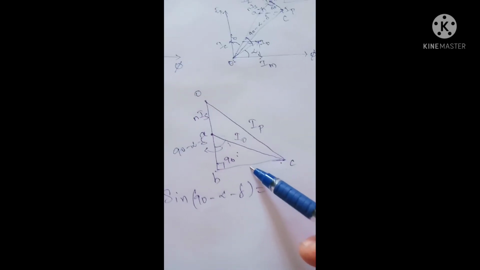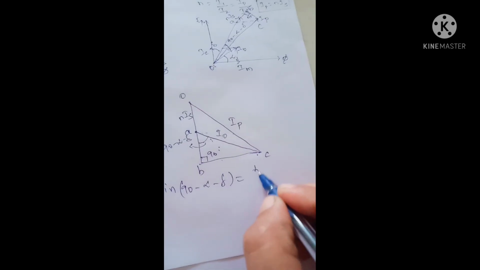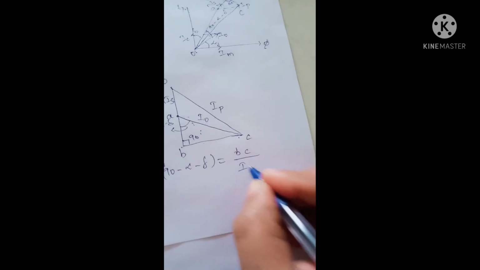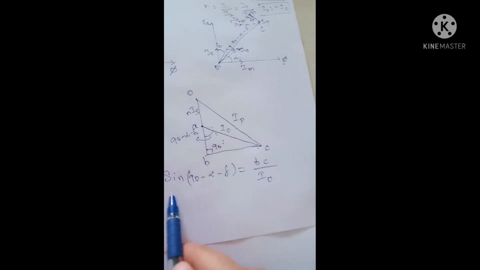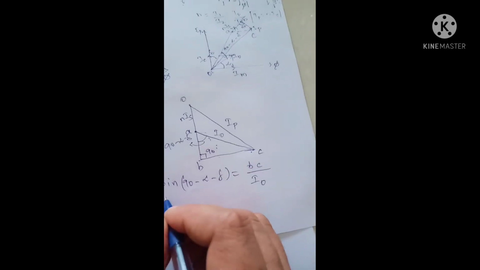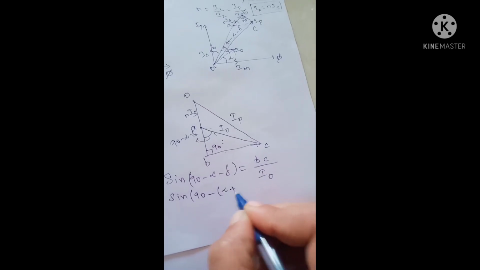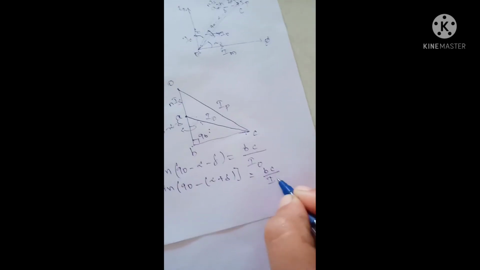Opposite side is nothing but BC, and the hypotenuse is I naught. So sine of 90 minus alpha plus delta is equal to BC by I naught.